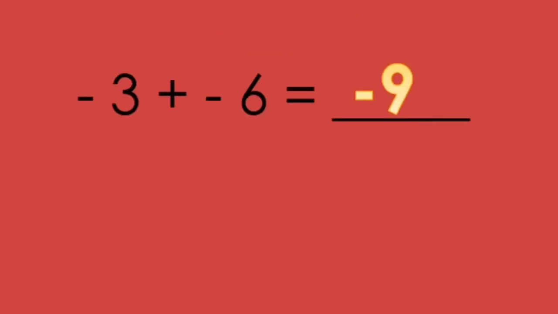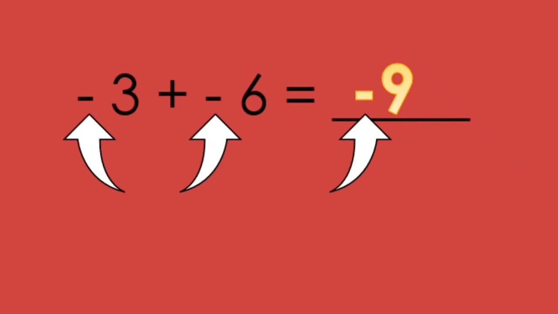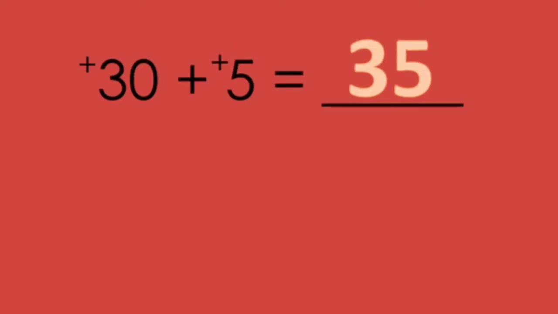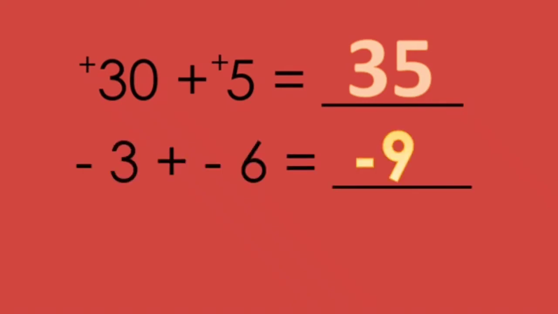Now, as you can notice, negative 3, negative 6, and negative 9, they all have the same signs. Now, let's go back to our addition sentence. A while ago, we have positive 30 plus positive 5 equals 35, and negative 3 plus negative 6 equals negative 9. And each addition sentence have their own signs, and they all are the same, the addends and the sum.